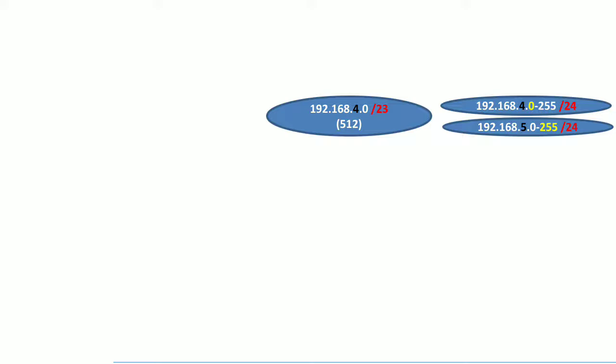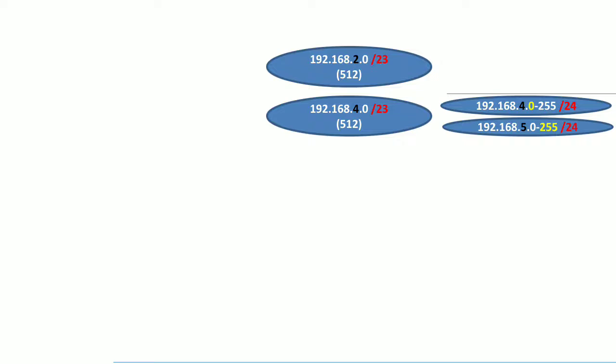So in this case, the first IP address would be 192.168.4.0. It would be the supernet network ID with /23 subnet mask, and the broadcast IP address would be the last IP address of the 5.0 network, that is 192.168.5.255 with /23 notation. So similarly, you can aggregate other networks as well.